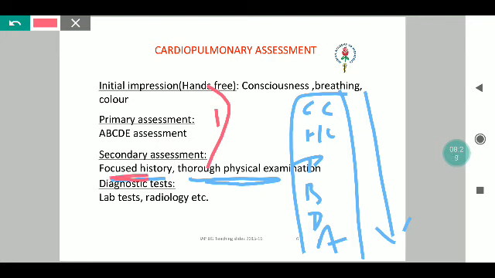That would be a focused history as opposed to a full detailed history of chief complaints, history of presenting illness, and asking for birth history, natal history or developmental history, which is not immediately relevant for that child. So when I say focused history, I mean what is relevant at that point of time and space.